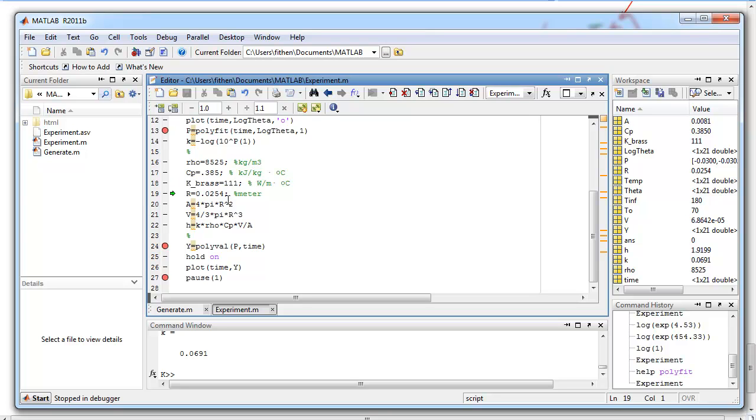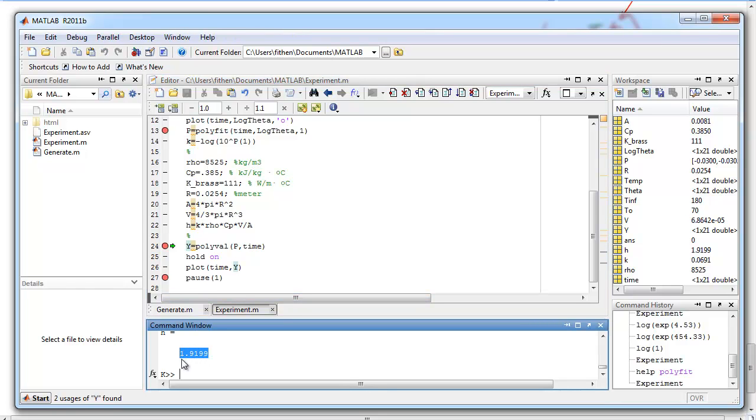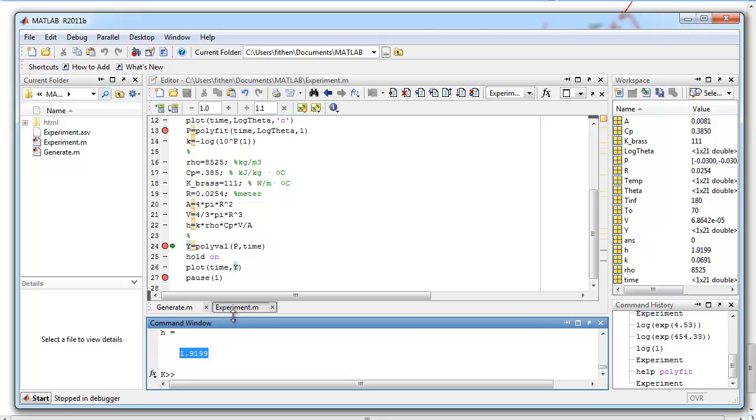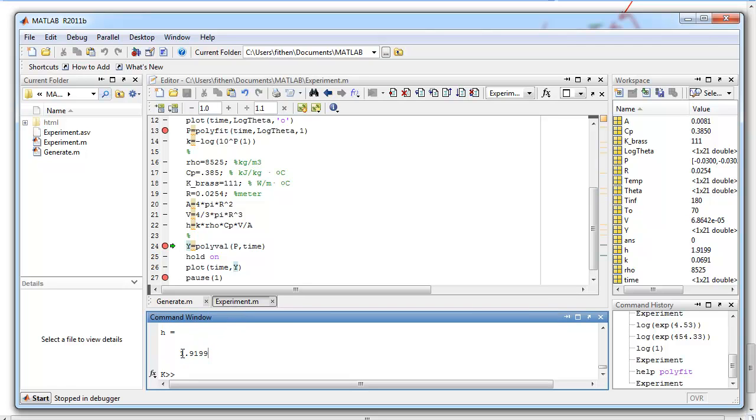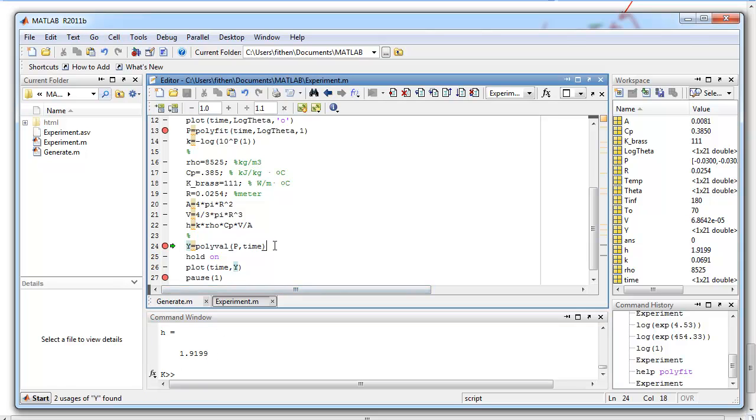These are for brass. Okay, now this is the value that comes out, and this K actually came from here, and I get an h of 1.91. Now in fact the data was generated from h equal to 2, so that's pretty reasonable.